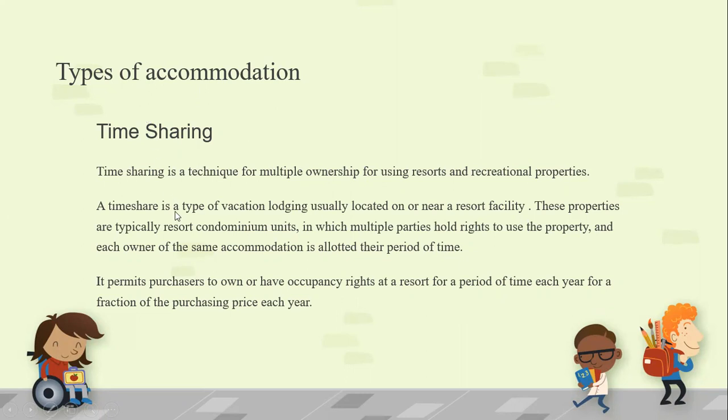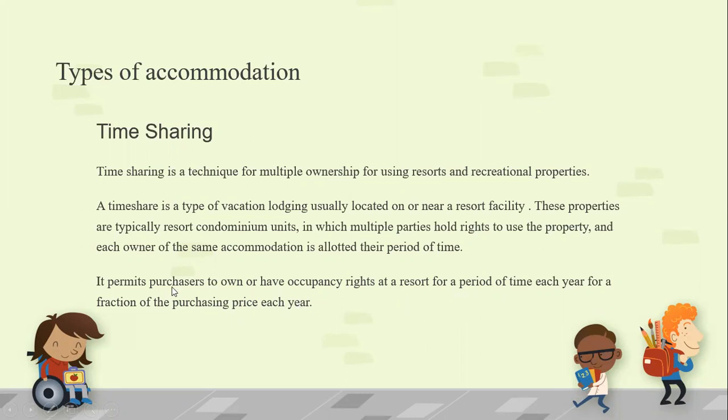and we will call that the time sharing accommodation system. This system permits purchasers to own or have occupancy rights. Occupancy, as in, the right to stay at a particular time, is called occupancy rights at a resort for a period of time each year for a fraction of the purchasing price each year.